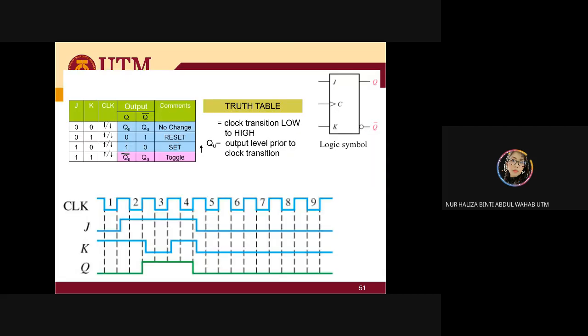So here is the table. You can see 00 is no change, similar to your SR. 01 is reset, similar to SR. 10 is set, similar to SR, of course active high. And then 11 for your SR, active high, is going to be invalid, but for JK, it's going to be toggle.